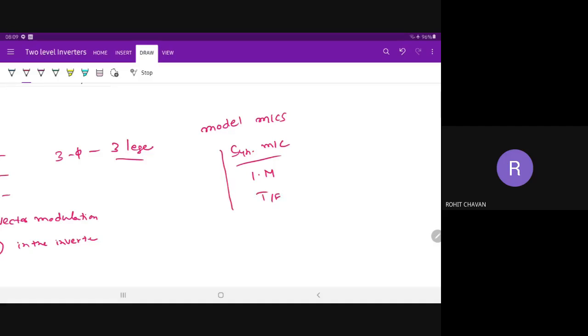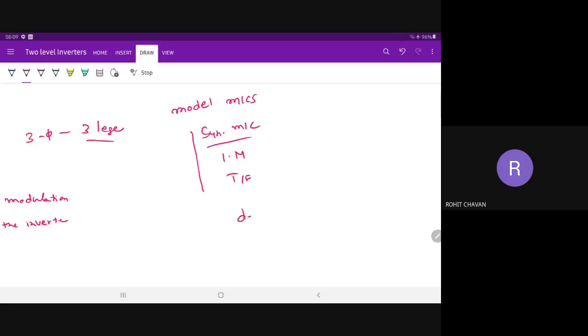So what is modeling? Modeling is expressing the machine in terms of mathematical equations. Why is it required? It is used to design the machine with the given specifications of load.